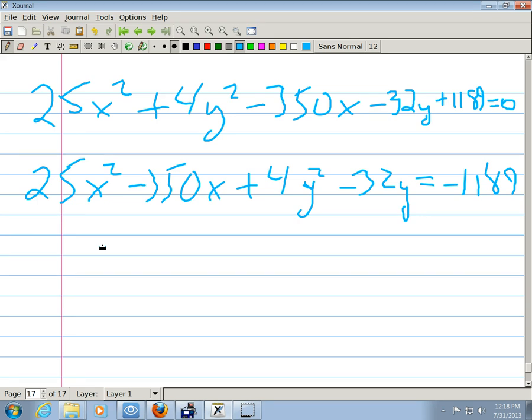So I'm going to get 25 times x squared minus, now remember, we know where the 350 came from. Wasn't it 14? Yeah, it was 14. If you didn't know it, you could divide it out on your calculator. And then factor out the 4.